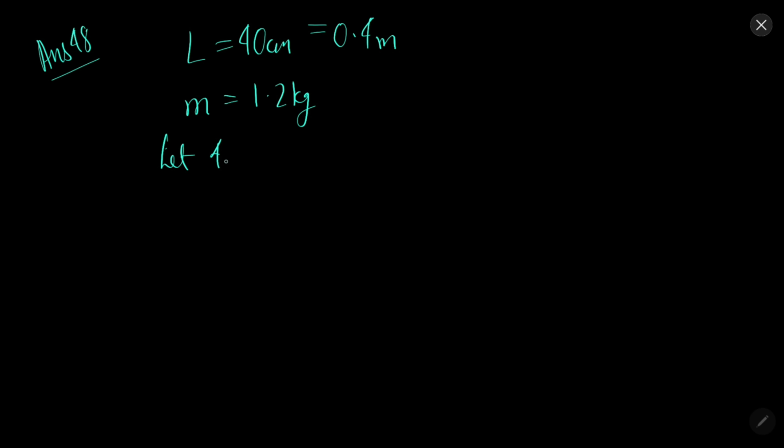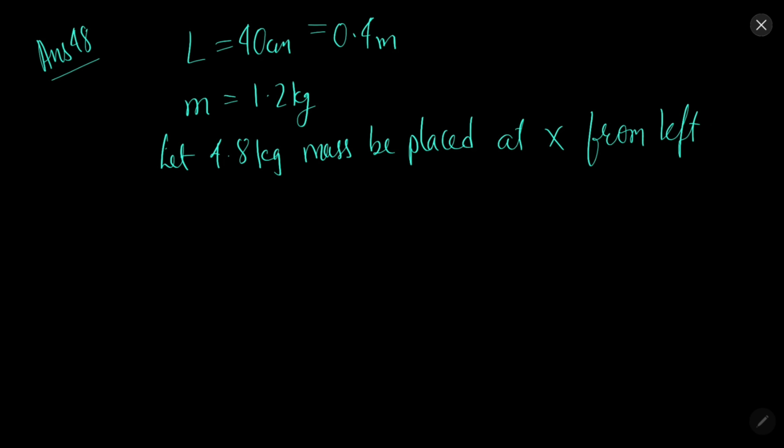Solution 48. The length of the rod is 40 centimeter, 0.5 meters. Mass of the rod is 1.2 kg, and let 4.8 kg mass be placed at x distance from the left end.